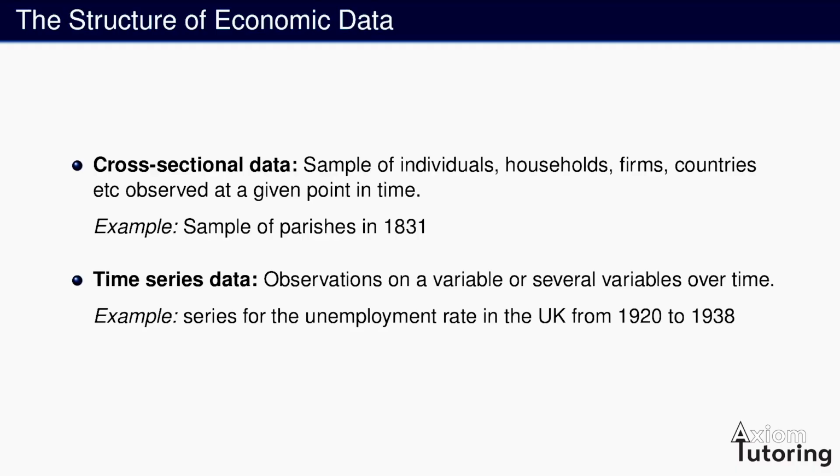The second type of data sets that you may come across is what we call time series data. In that case, we have observations on a variable or several variables over time, but they all focus on the same unit. For example, one example would be the series for the unemployment rate in the UK from 1920 to 1938.